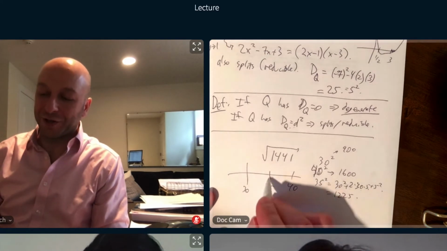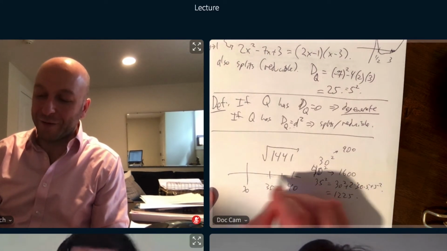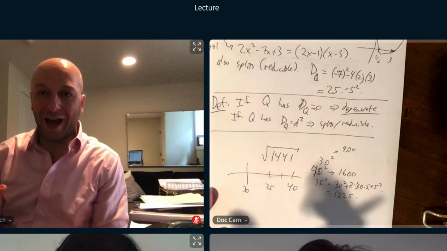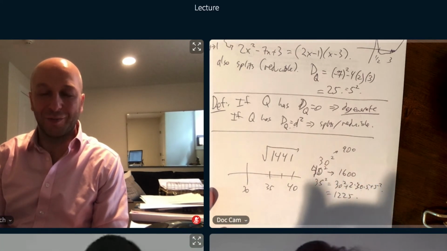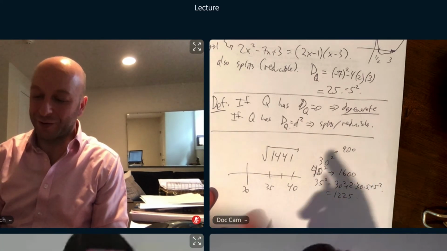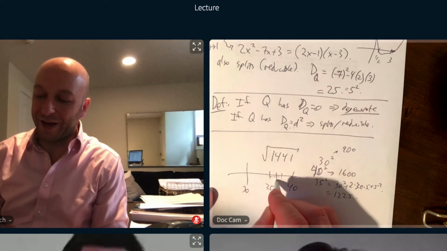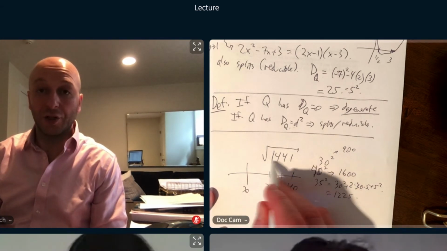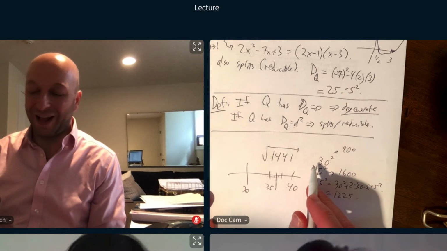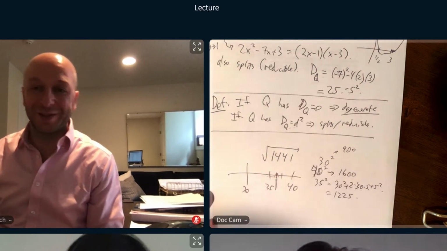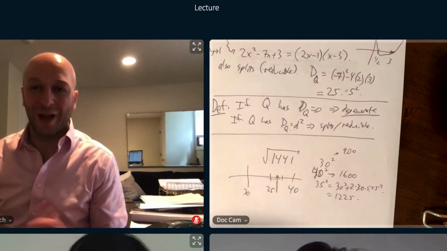Yeah, it's a binary search. And binary search is very efficient because in n steps, I've shrunk my range by 2 to the n. So I can very quickly find what the square root of a number is to large precision. And if that large precision reveals its integer square root, I'm done.